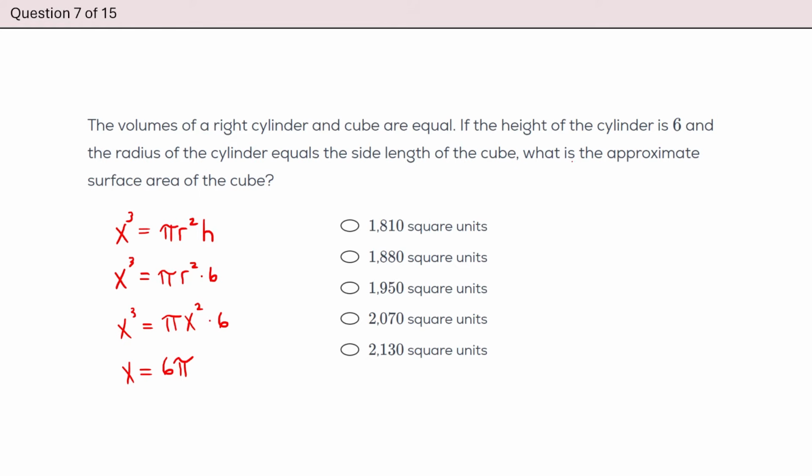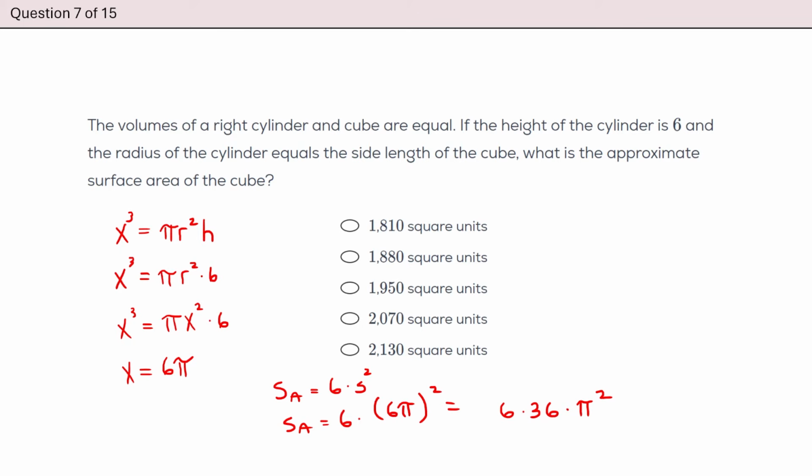What is the approximate surface area of the cube? So remember, the surface area of a cube is going to be 6 times the side length squared, right? We know that the side length is 6 pi. So the surface area is going to be 6 times 6 pi squared, which is going to be 6 times 36 times pi squared. At this point, I would just use a calculator and just use 3.14 for pi.